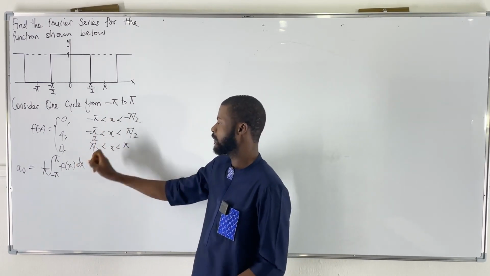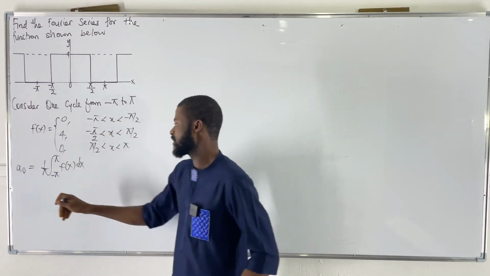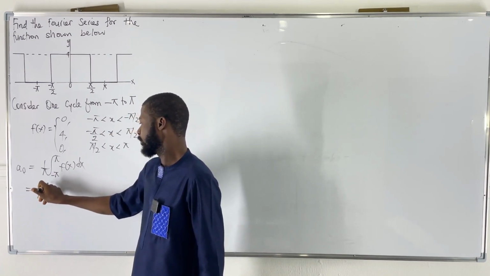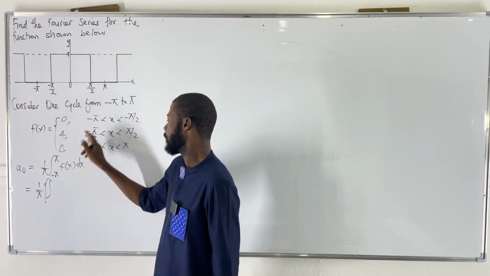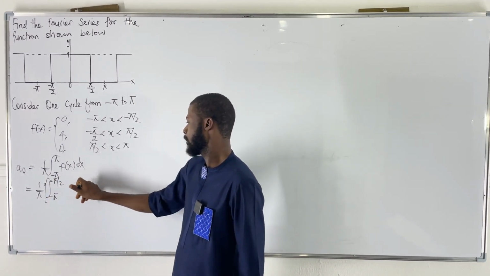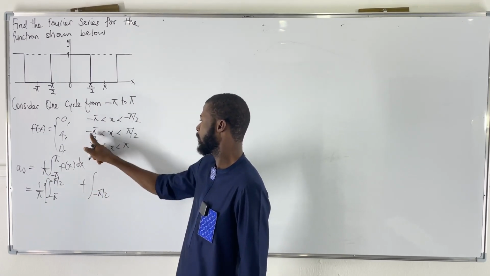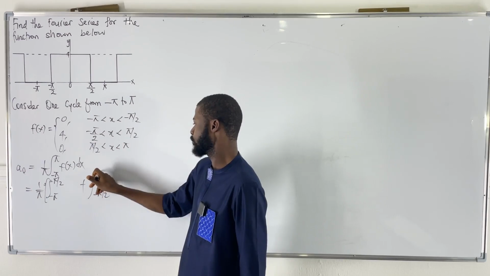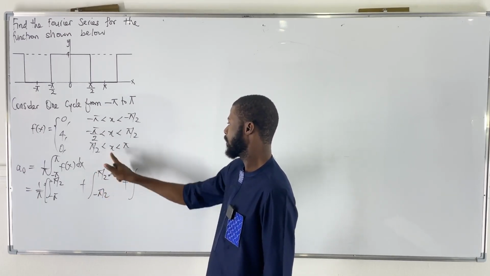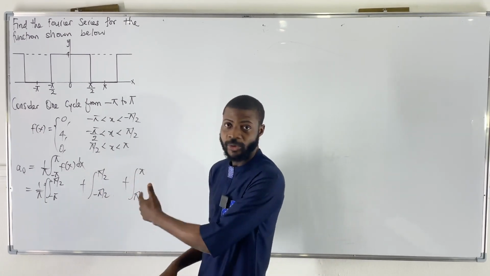So it means we're going to be splitting this integral. We're going to say this will be 1 over pi times the integral from minus pi to minus pi over 2, plus the integral from minus pi over 2 to pi over 2, plus the integral from pi over 2 to pi. So that's how we're going to break it down.